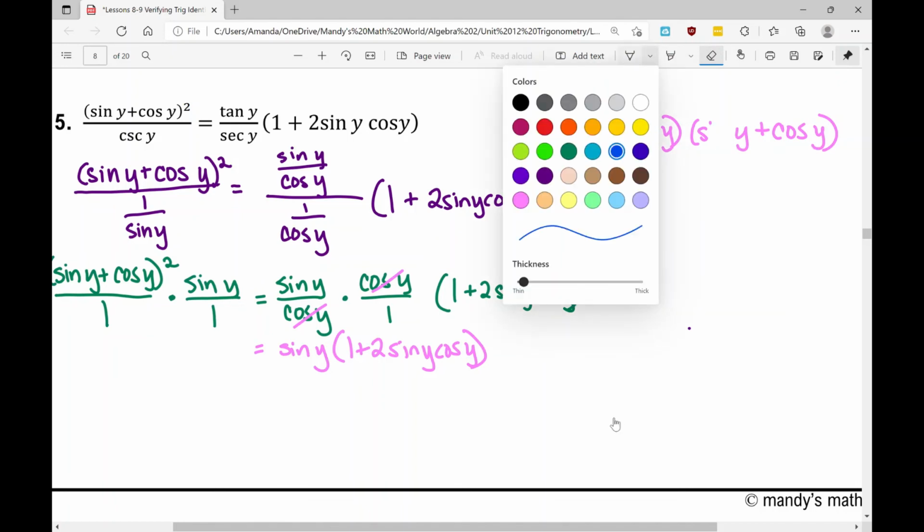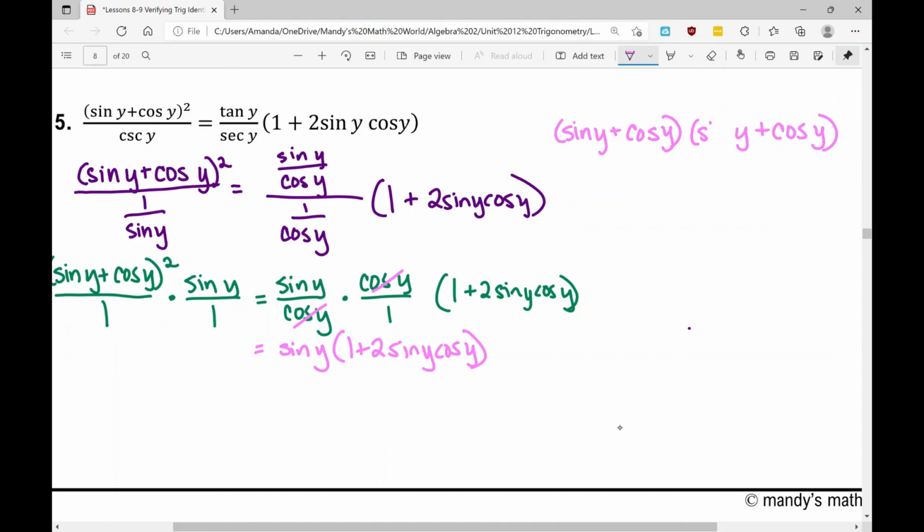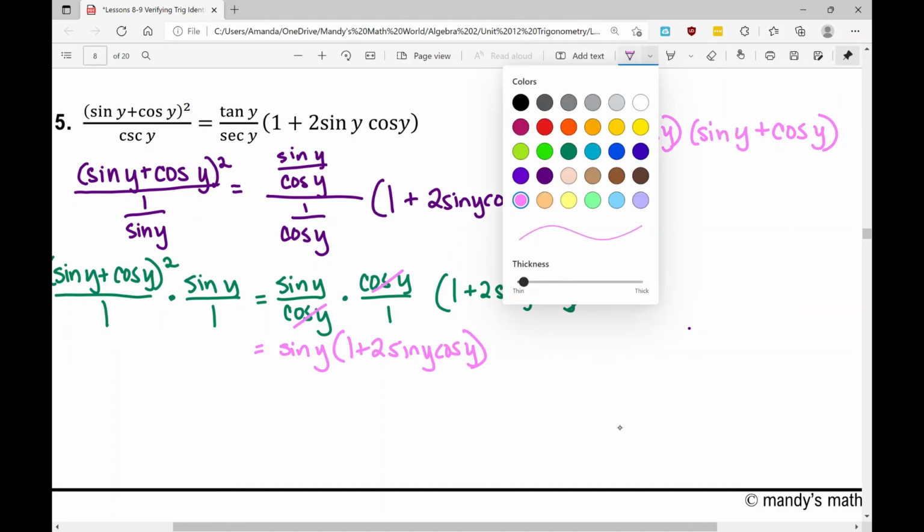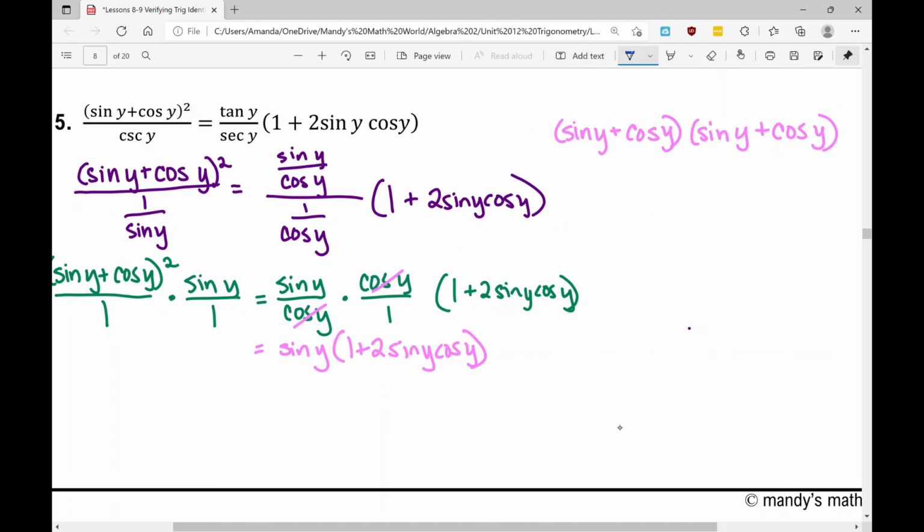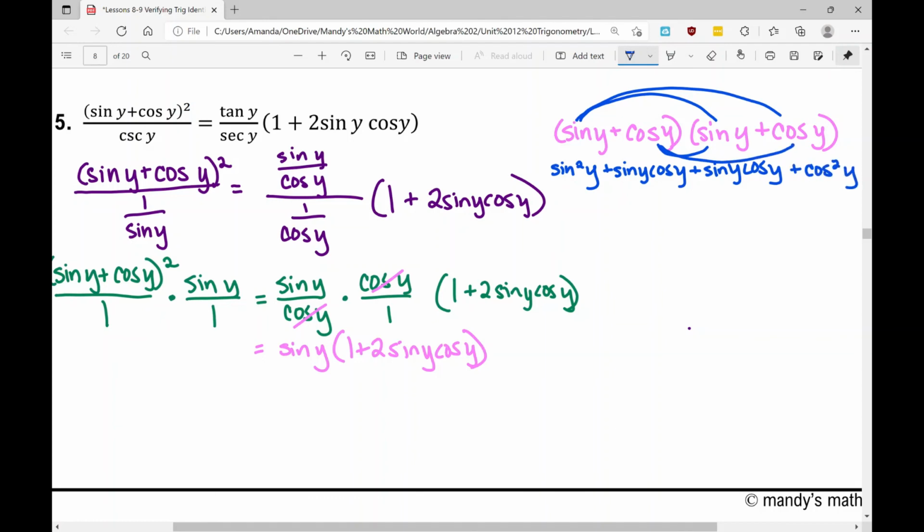First terms, sine y times sine y is sine squared y. Outside terms, sine y times cosine y is plus sine y cosine y. Inside terms, cosine y times sine y is just another sine y cosine y. And then cosine y times cosine y is cosine squared y.